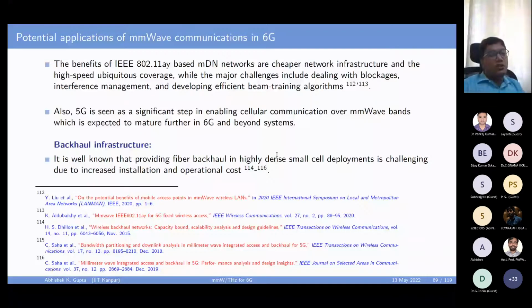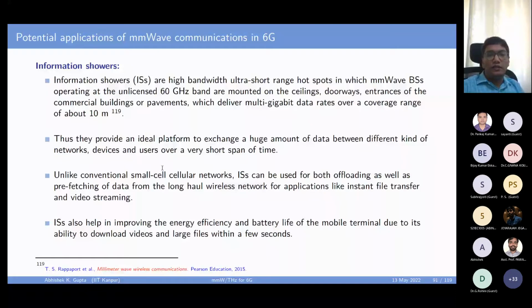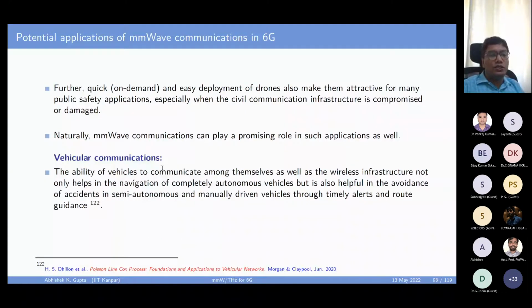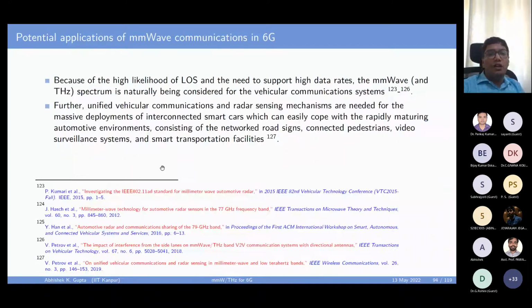As I said earlier, you can also use millimeter wave to provide backhaul infrastructure. So that's another application where millimeter wave can be used. I'm going to skip some of these to save some time.